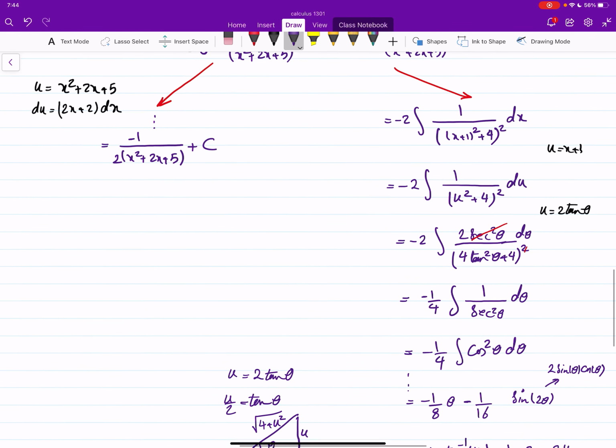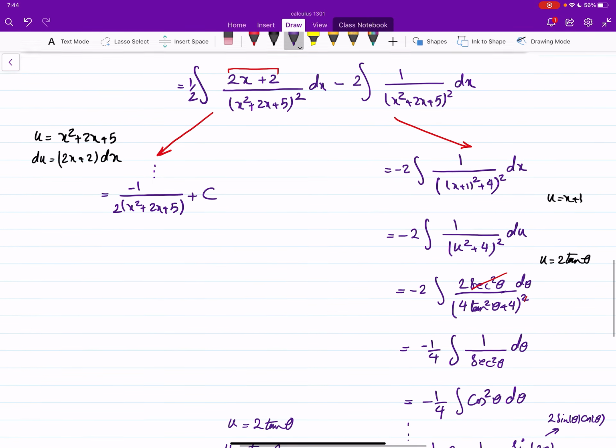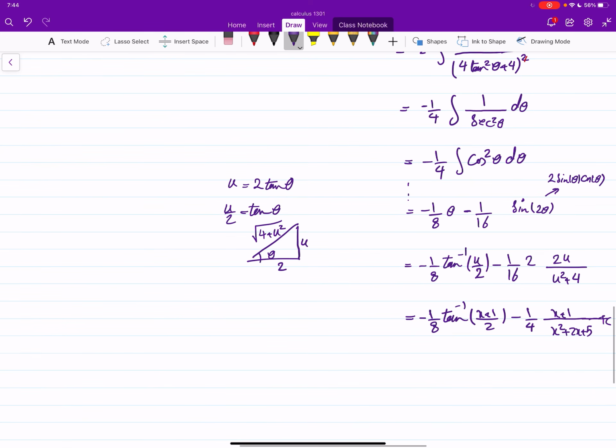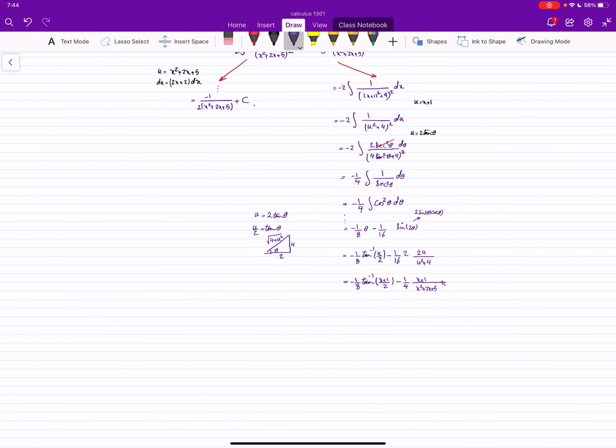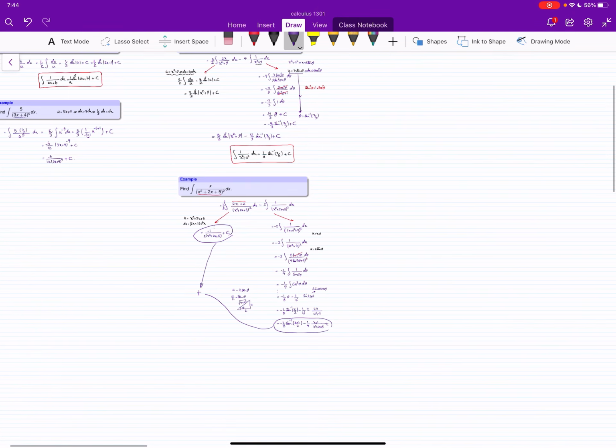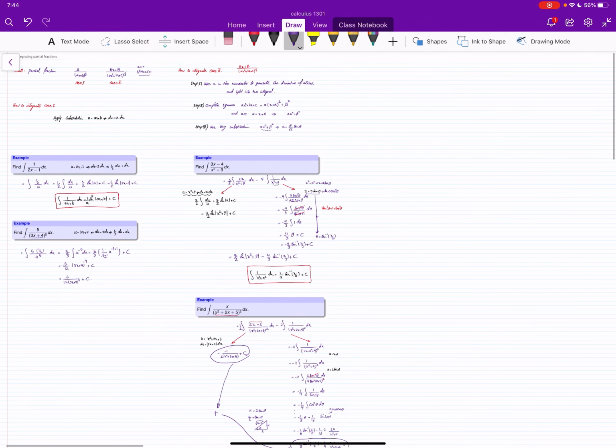If you open that up, you will get x² + 2x + 5 down there, plus C. So you have that piece, you will have that piece, and we can now add these ones, and that will give us the integral that we had. Okay. So you have to be able to apply all these things and get the integration of the partial fraction.